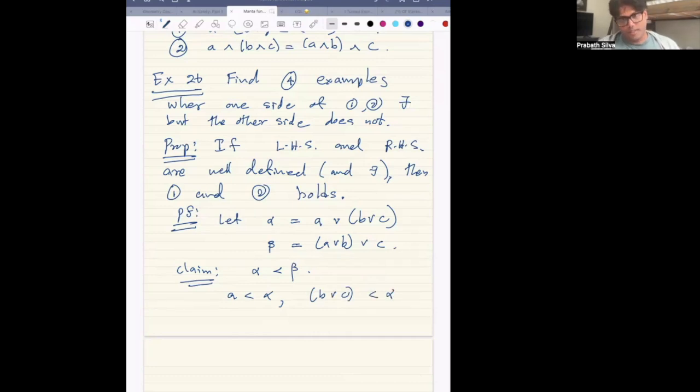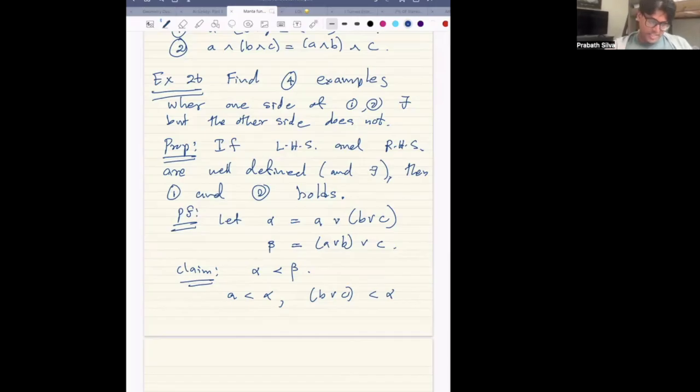Okay, because alpha is, let me call it union. I'm calling it union, but it should really be called join.